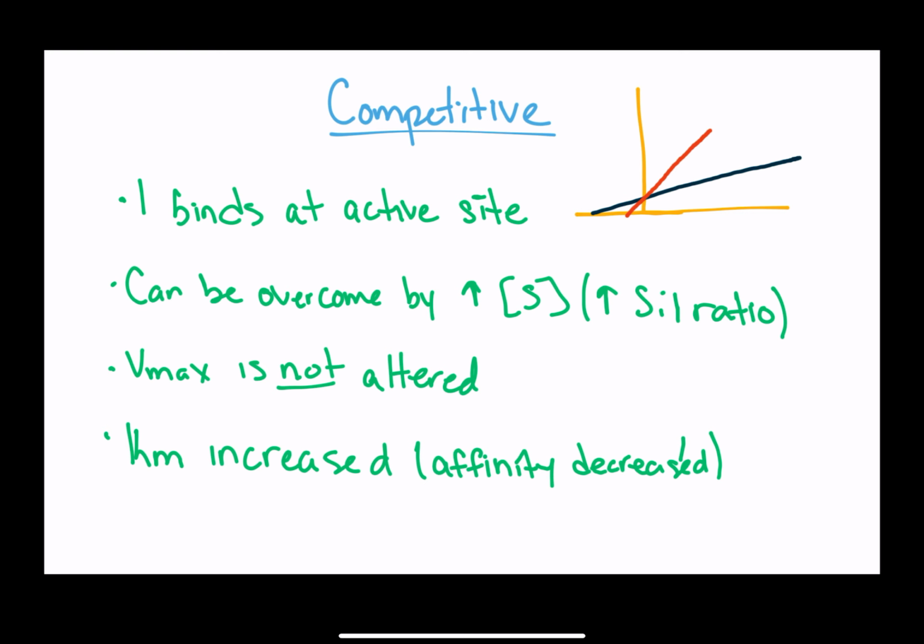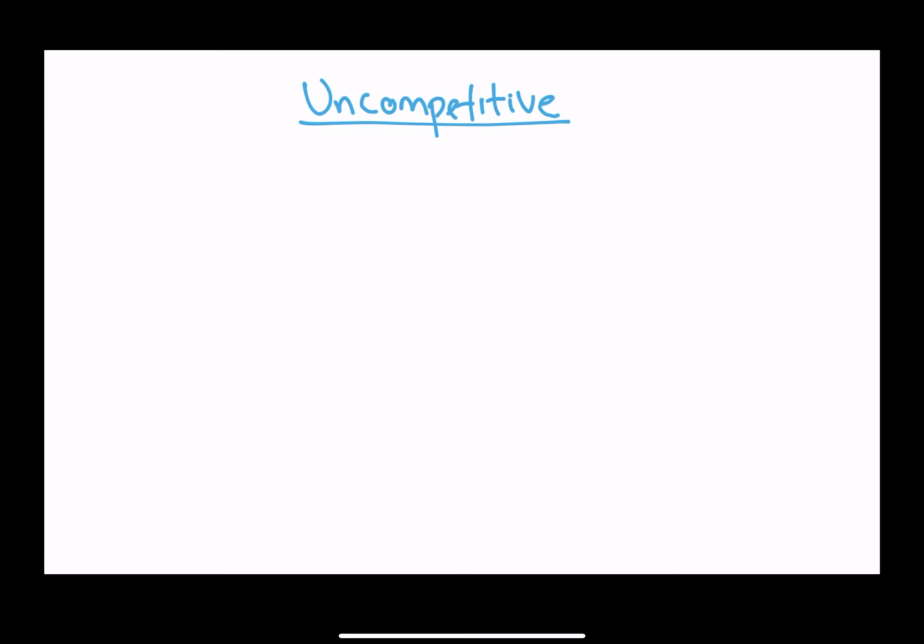So they will have the same y-intercept, or the same Vmax, but they will have different x-intercepts, which corresponds to the increase in the Km value.